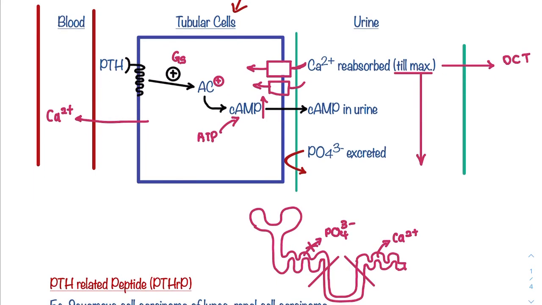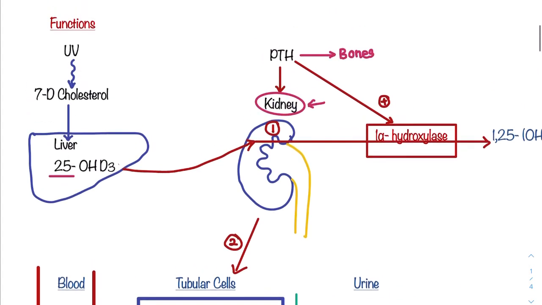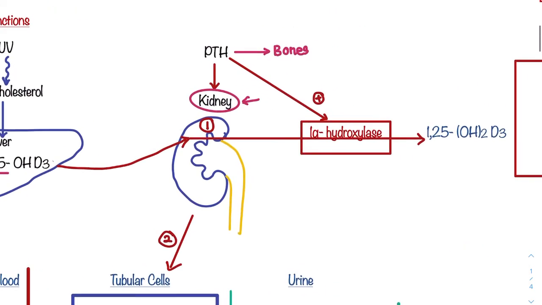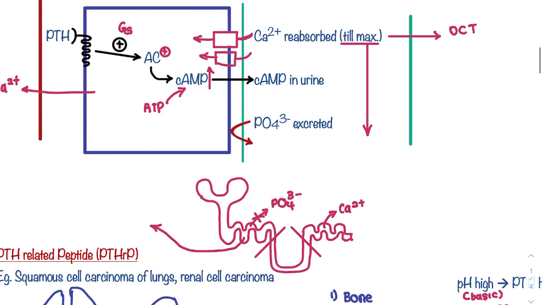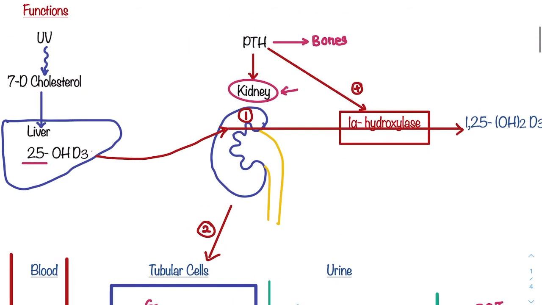Now, when we talk about the proximal convoluted tubule, there is one more function, which is synthesis of 1,25 dihydroxy cholecalciferol. This substance is produced in the proximal convoluted tubule. We will discuss that next.